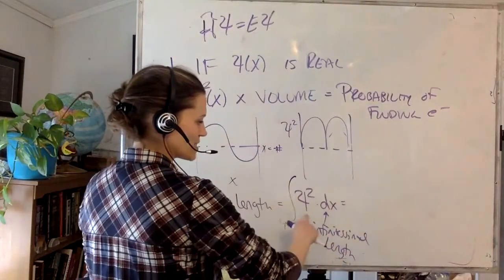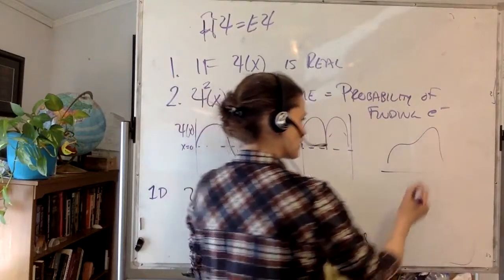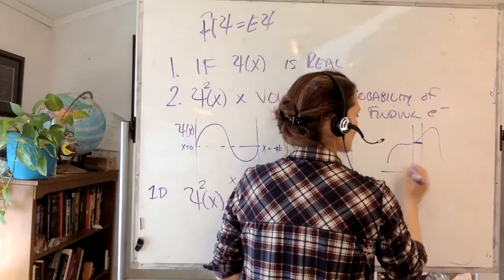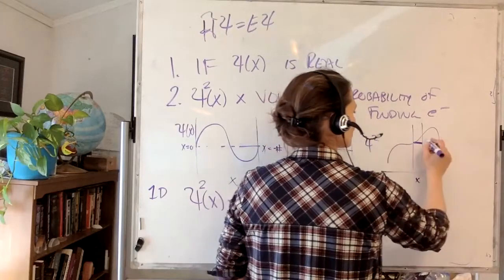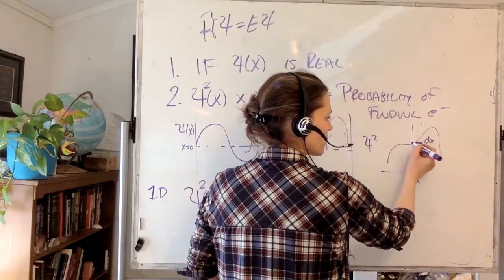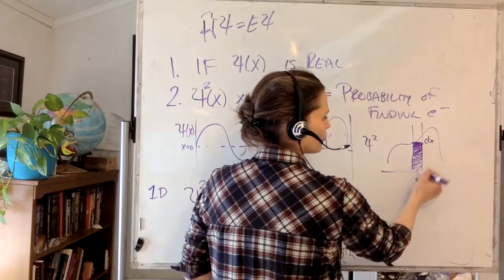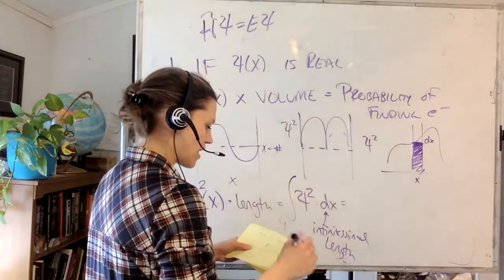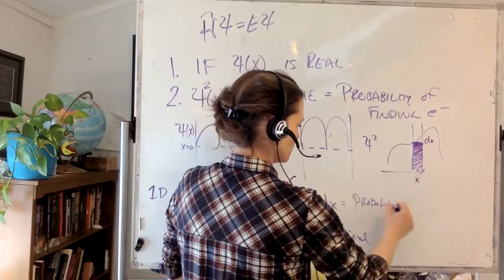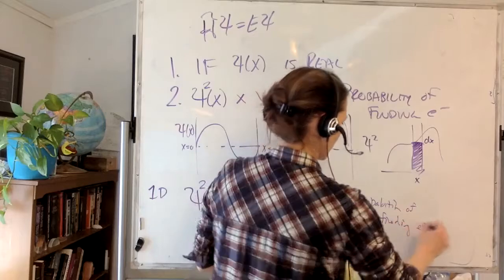If here is my wave function, I'm going to take this small dx. So this is x, here's psi squared, and this is dx. Some psi value here times dx, I'm going to take that volume. That is equal to the probability of finding the electron.